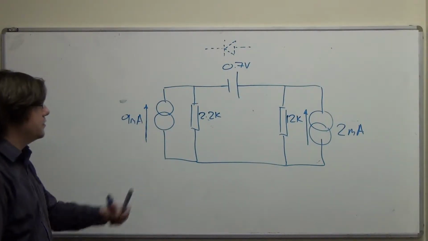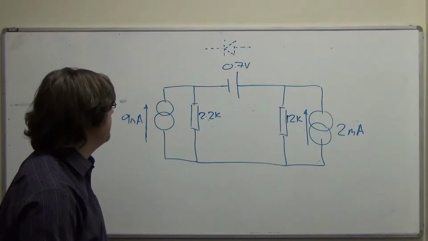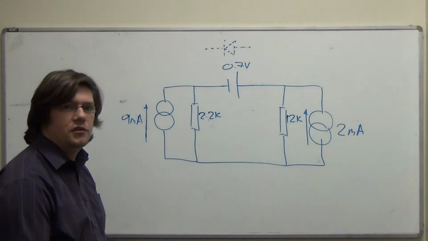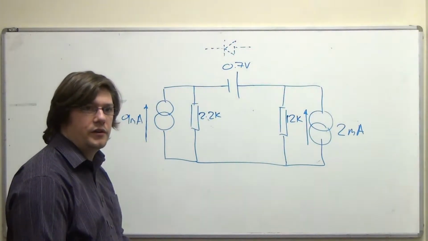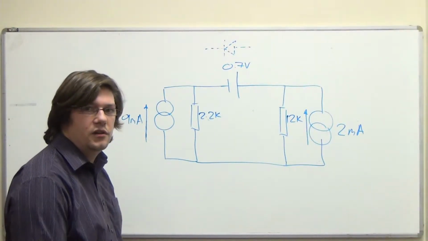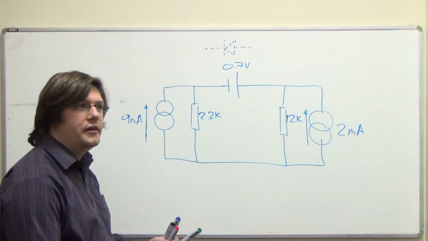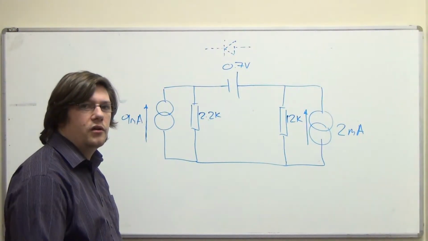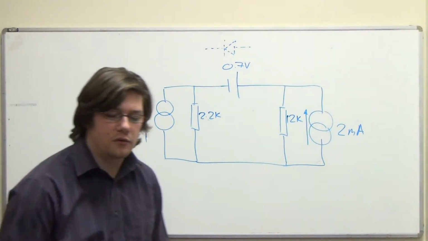So if I'm going to do this by superposition, I've got to switch off all of the sources that I'm not interested in, and then I'm going to concentrate on one only. Find out what the circuit's up to, and then I'm going to switch that one off and move on to the next one, find out what the circuit does with that source on, and do the same until I run out of sources. Then I'll add up the contribution in current to the pathway that I'm interested in, and we'll see what the effect of all the sources are as if they were all on together.